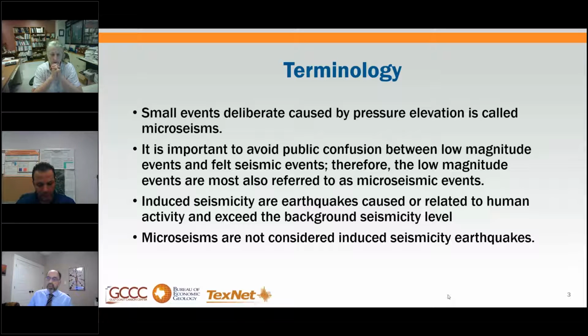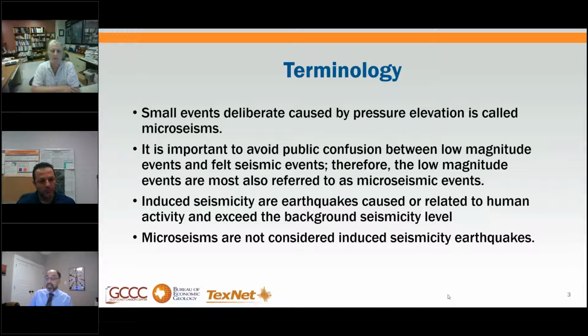It is important to avoid any confusion between low magnitude events and felt seismic events. That's why the low magnitude events are usually referred to as microseismic events. Those events are usually above magnitude 0.8 or 1, but less than magnitude 3, because magnitude 3 relates to the limit of where the seismicity starts being felt.